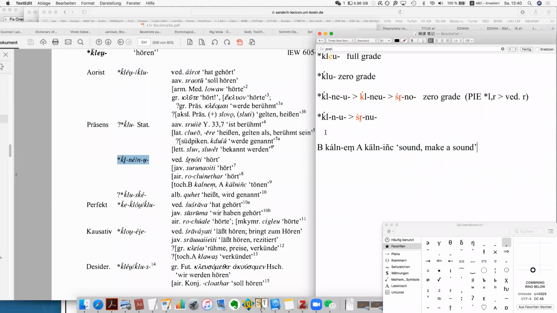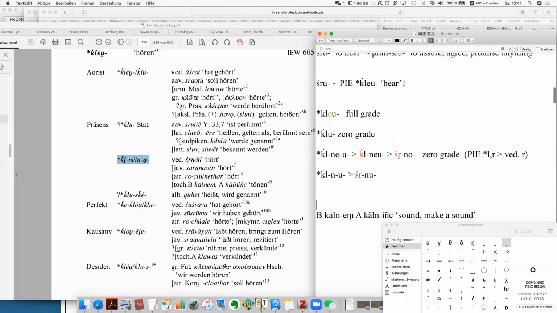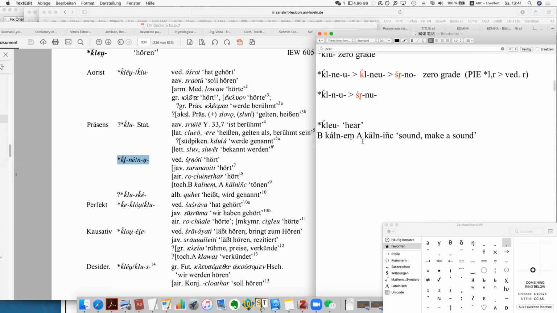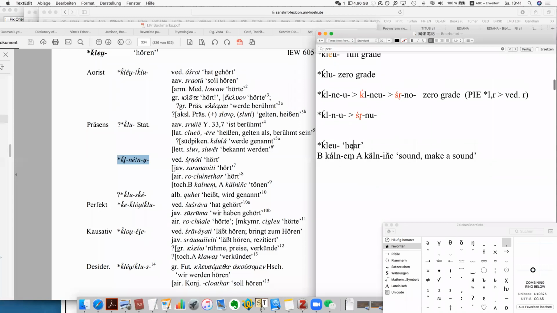So what is the relationship between, so here, the original root, put it here. The original root means to hear, and with the nu suffix, it means to sound, to make a noise, to make a sound.